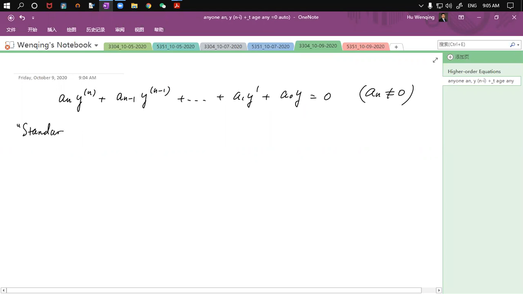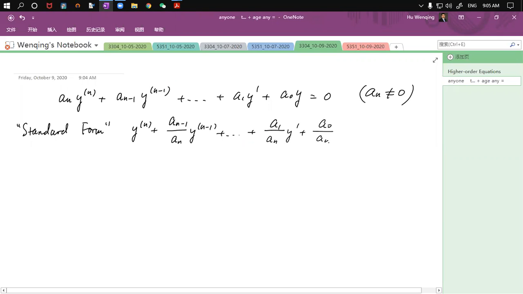Remember, the standard form is an equation that has coefficient 1 in front of the highest derivative. So that's y^(n) plus (a_{n-1}/a_n) y^(n-1) plus ... plus (a_1/a_n) y' plus (a_0/a_n) y is equal to 0.